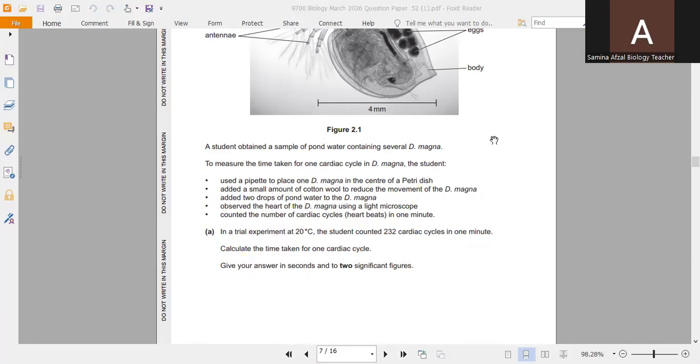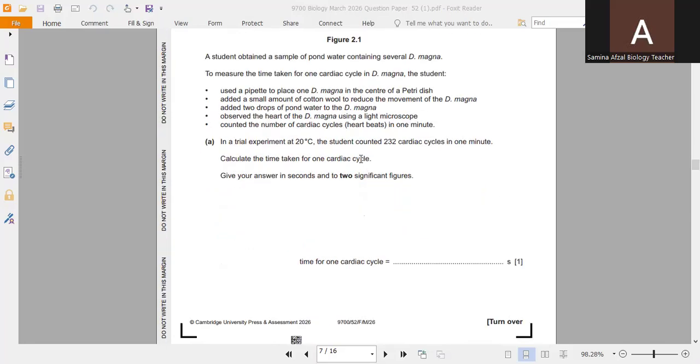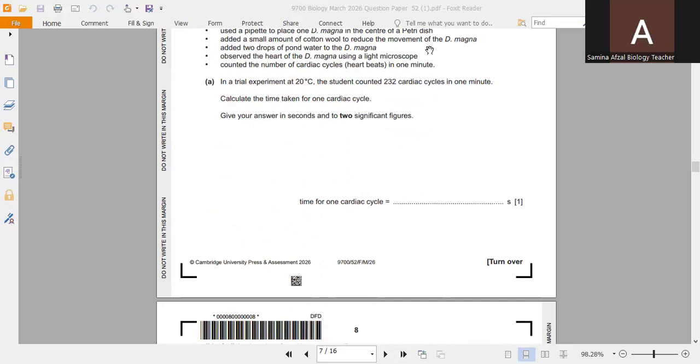In a trial experiment at 20 degrees C, the student counted 232 cardiac cycles in 1 minute. So calculate the time taken for one cardiac cycle. Give your answer in seconds and two significant figures.